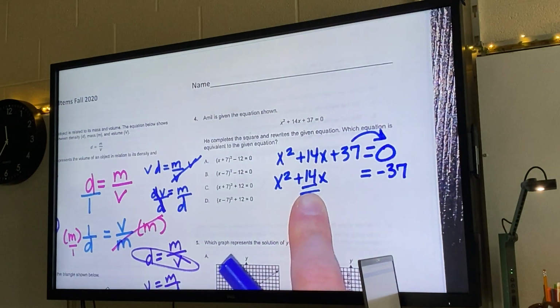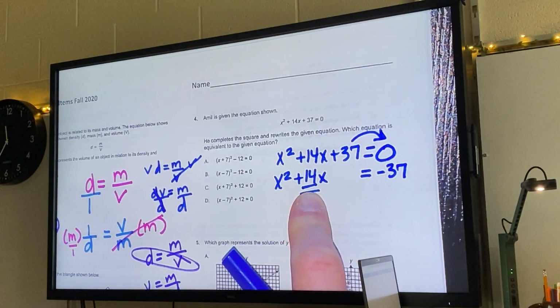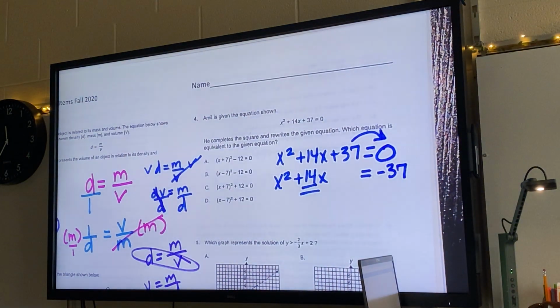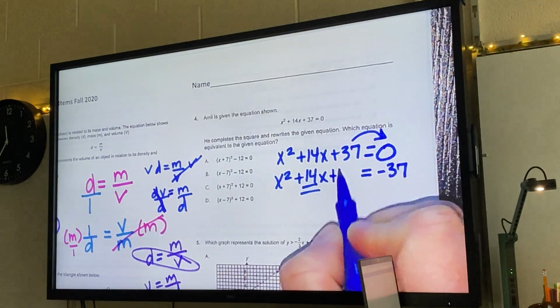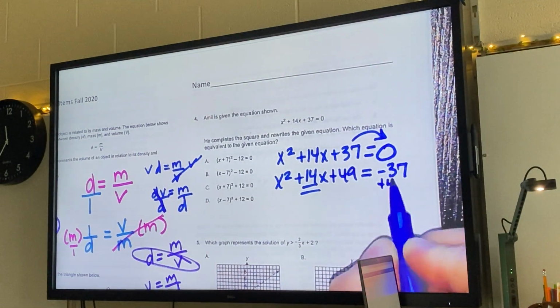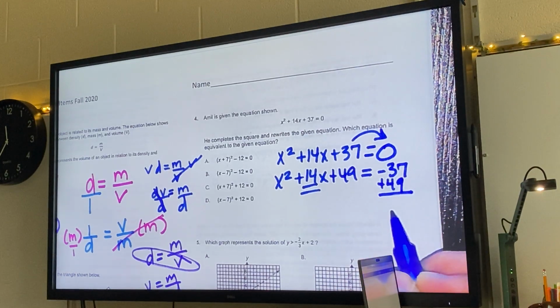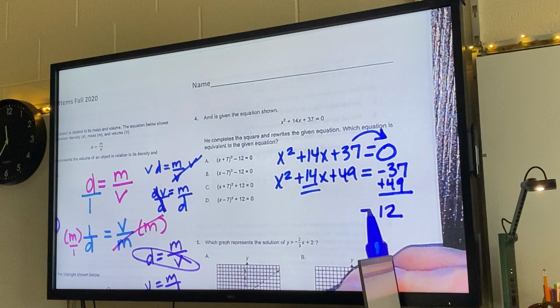So half of 14 is 7. 7 squared is 49. Then we add it to both sides. All right. Negative 37 plus 49 is 12.